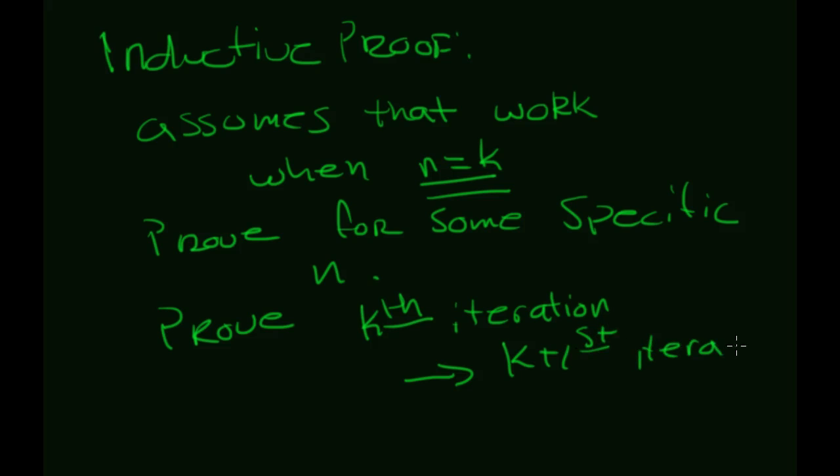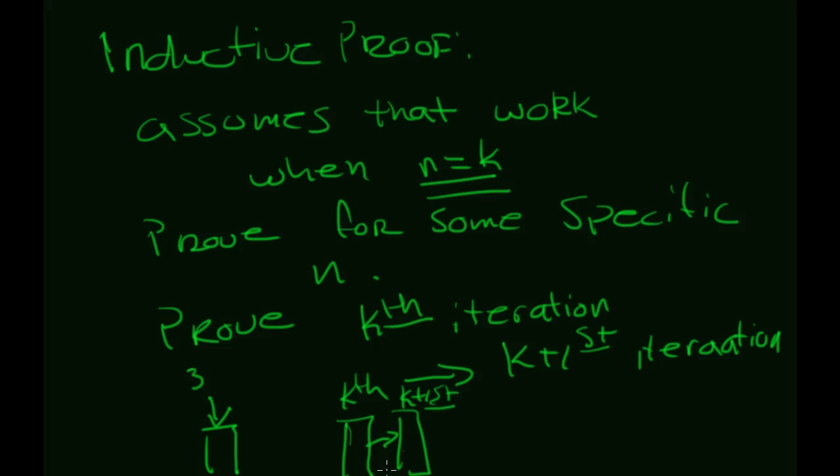So this is kind of like dominoes falling. If I have the original domino fall, I don't know which number that is, but let's say it's the third domino, and I can show that the kth domino makes the k plus first domino fall.